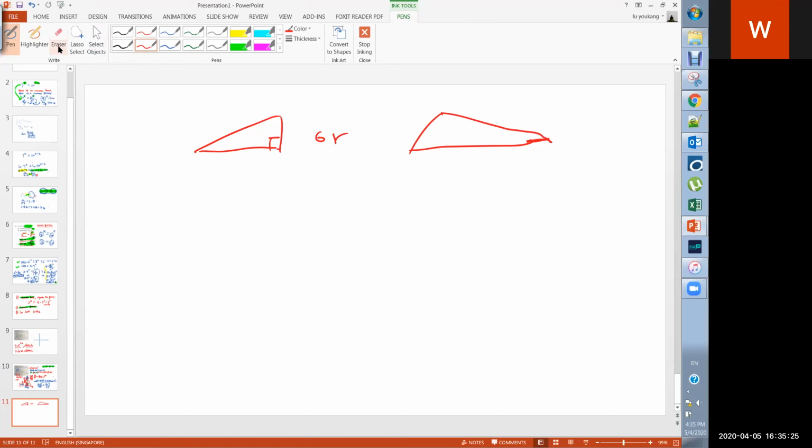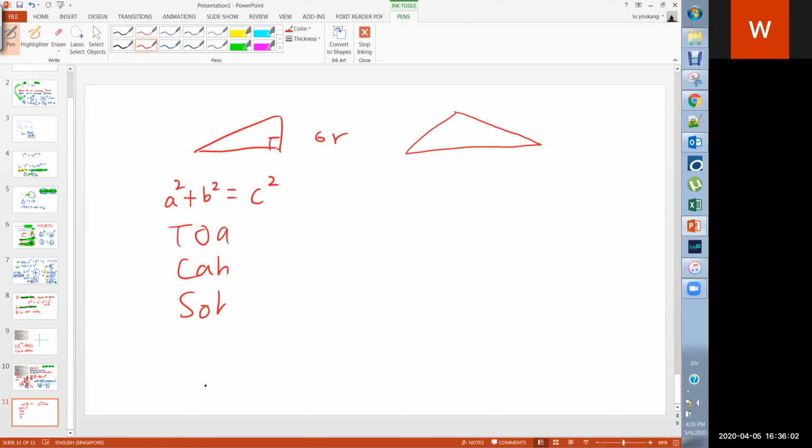I always like to say, whenever you are given a question, your job is to link this question to the concepts you have learned. If you are able to link, then your job is half done already. So when you have a right angle triangle, what you can think of is the Pythagoras theorem, and then what else? The SOH CAH TOA. That's all. So when you're given a right angle triangle, think of this.